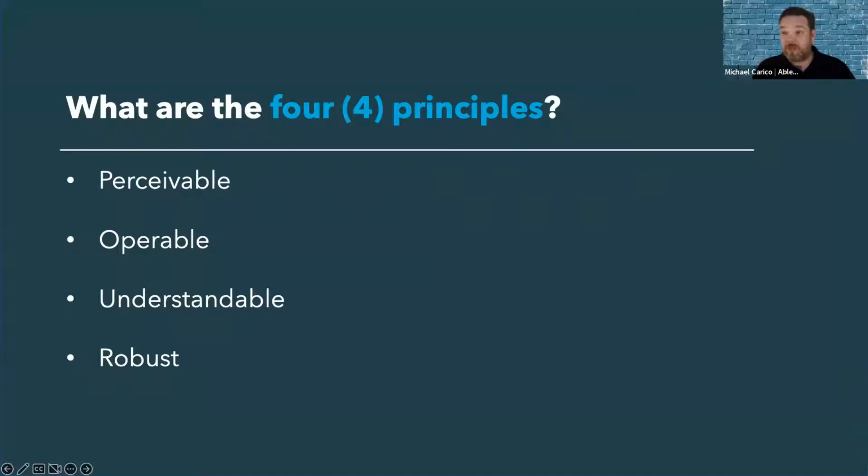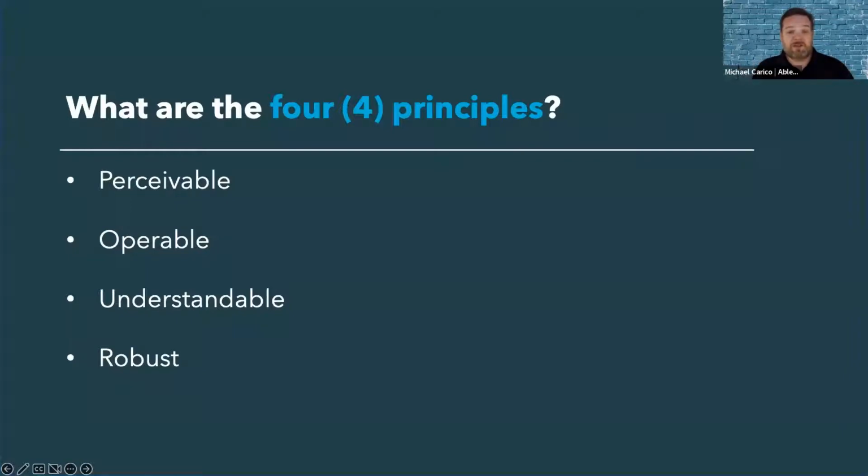So if you have a website and you are having somebody that has a disability, that could be visual, that could be audio, that could be what they call low vision, which is color blindness and things of that nature. That could even be something like Parkinson's disease or other types of cognitive disabilities where you're sensitive to flashing lights. So there's a lot that goes into this.